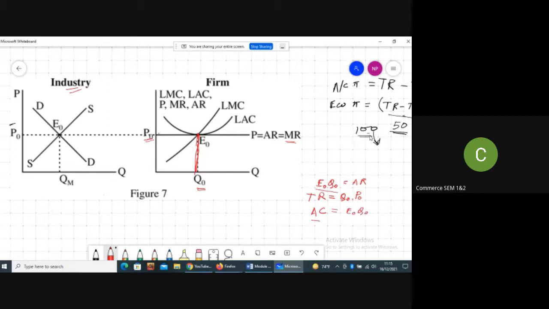So total cost will be equal to Q0 times P0, the area of this rectangle. So profit here will be equal to 0. Each firm is earning only normal profit.